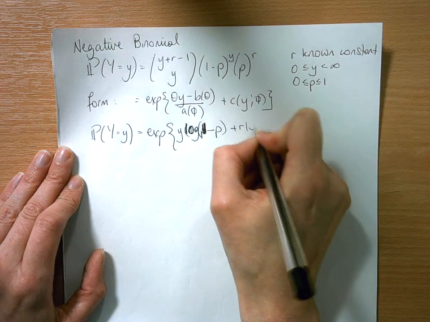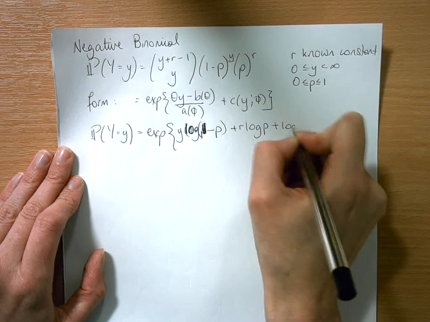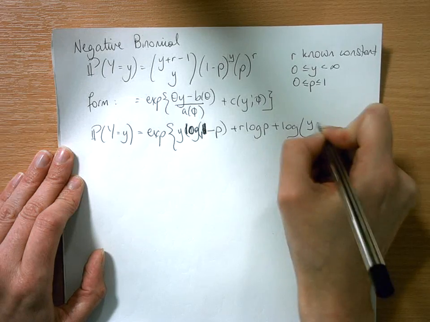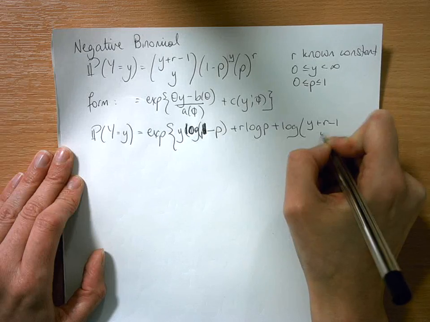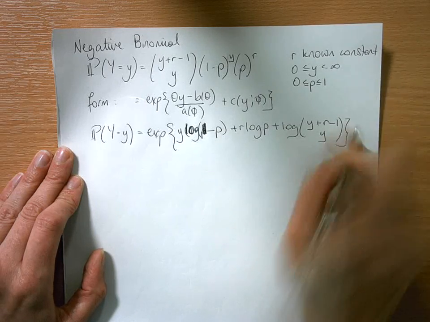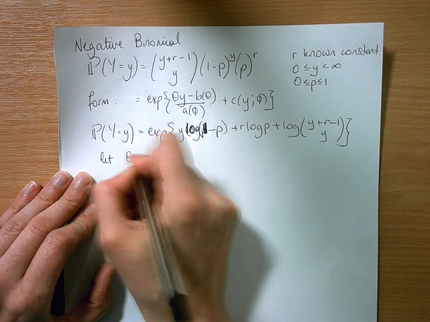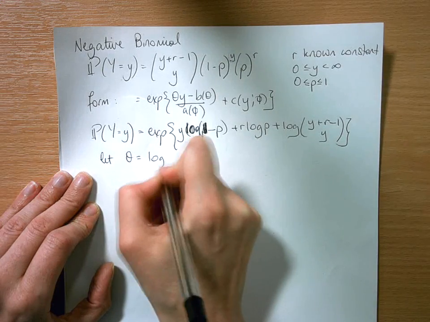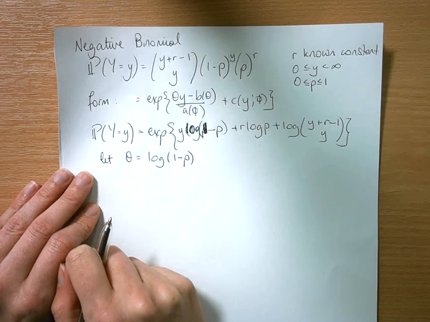Plus r times log of p, plus log of (y + r - 1 choose y). And you can see you don't want to have to deal with this. So let theta equal log of (1 - p). That takes care of this bit.